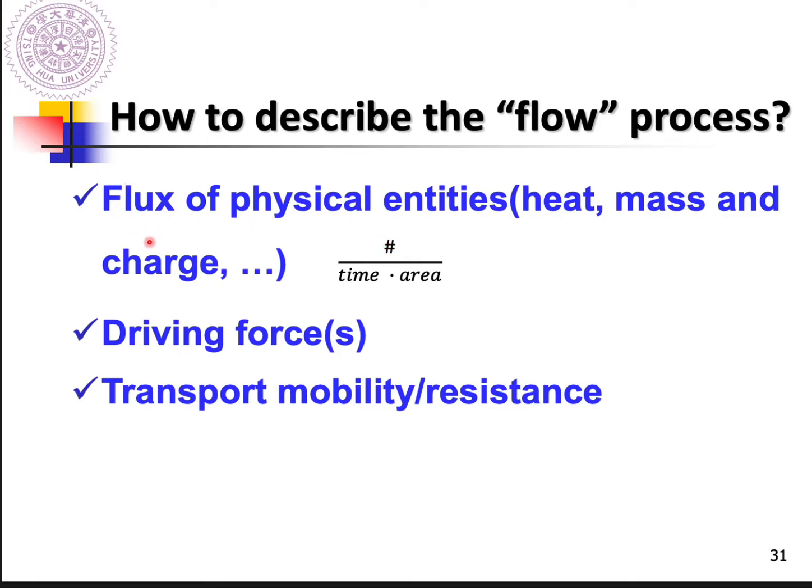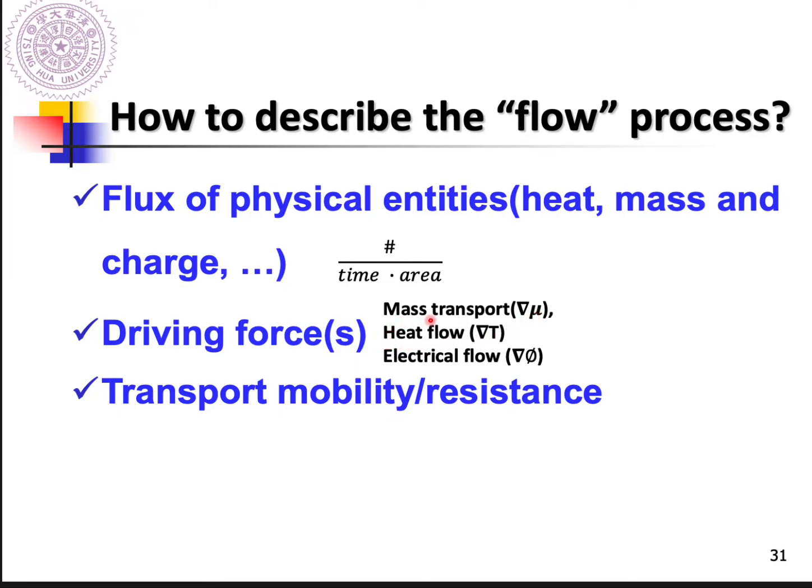And as long as you have a flux, there is definitely a driving force to drive this flux. There are three commonly used driving forces in our material systems. To drive mass transport, the driving force will usually be the chemical potential gradient.